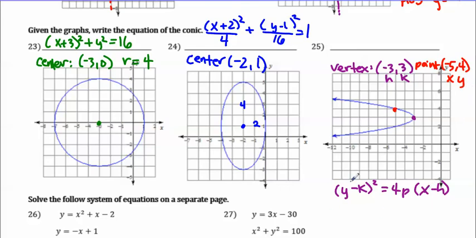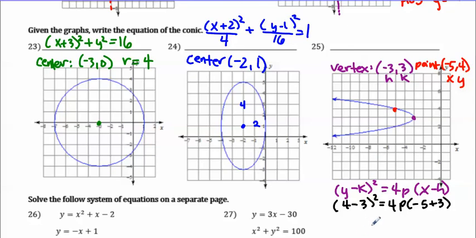Alright, so substituting in, I have 4 minus 3 squared equals 4p times negative 5 minus negative 3, so that's plus 3. So notice I got h and k from here, that's the h and the k. X and y came from here.